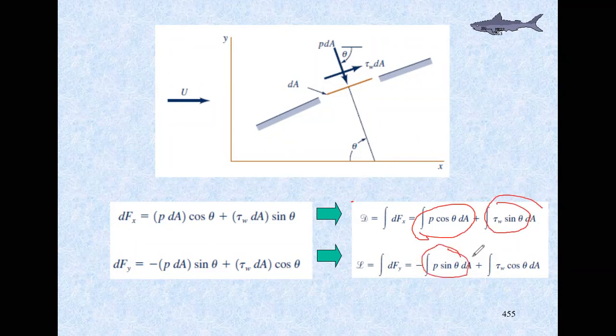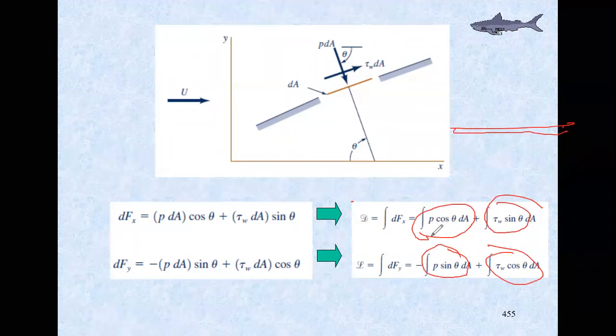The lift is also a combination of the pressure and shear stress. So you have to consider, for our case on a flat plate like this, the P can be considered the same because P over here and P over here on the top are the same. So they cancel each other. But the TW becomes big.